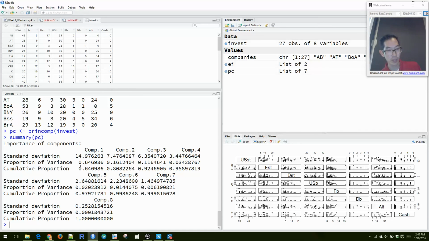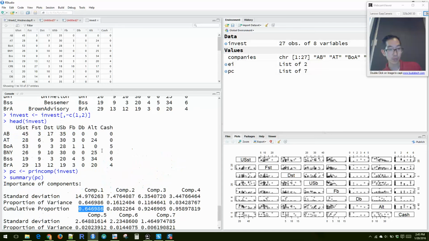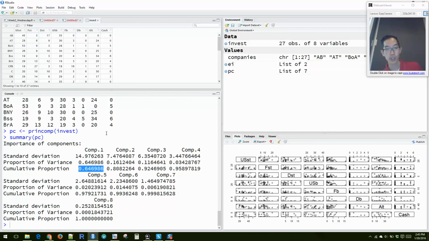Okay, and it says it explains 65% of the variance. Our original data has 8 columns, and so it's going to create 8 components, and you need all 8 if you want to explain 100% of the variation.